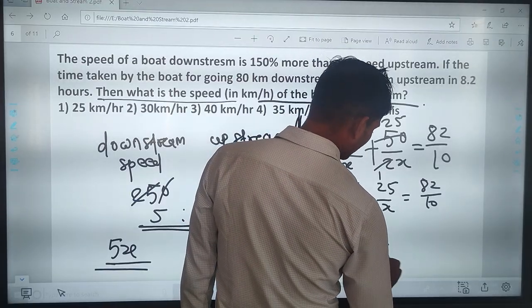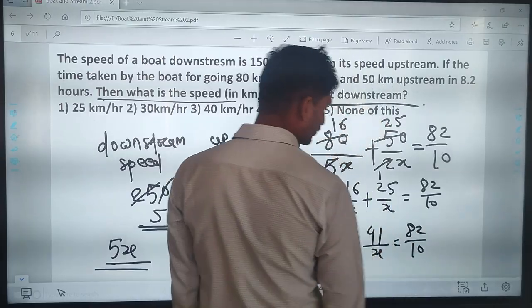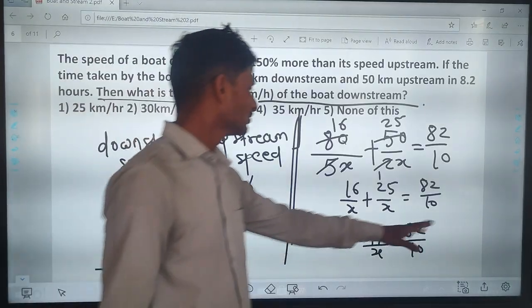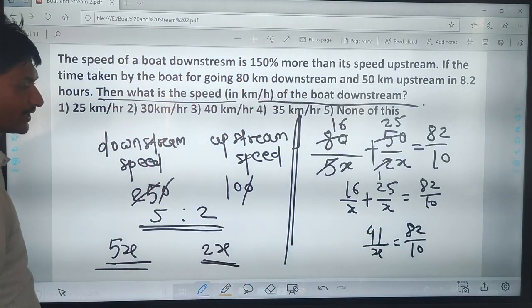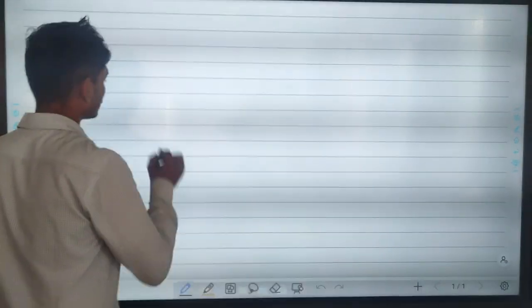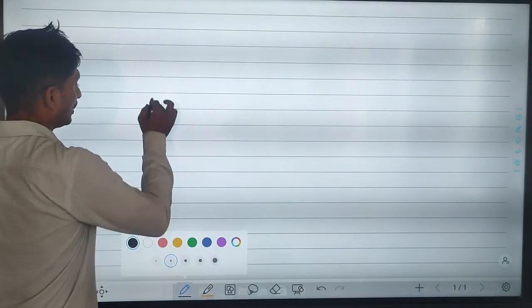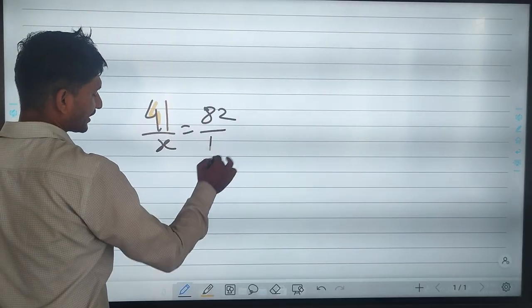41 divided by x is equal to 82 divided by 10. Now we solve this.